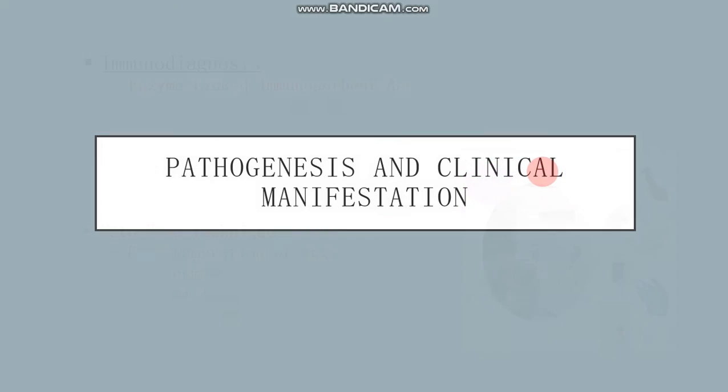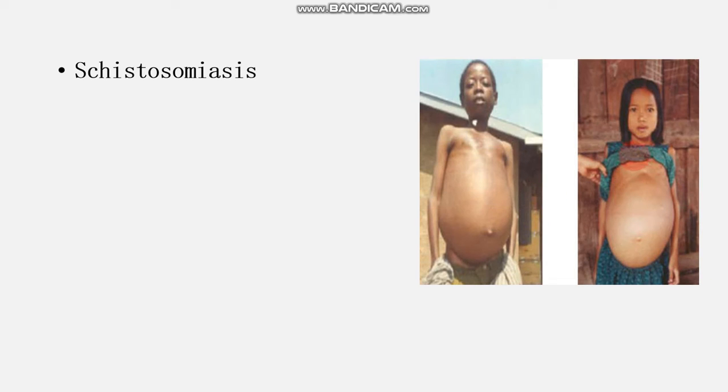Next we have the pathogenesis and clinical manifestation. We have the schistosomiasis here. As you can see, the infected children are bloated due to the inflammation of their liver.